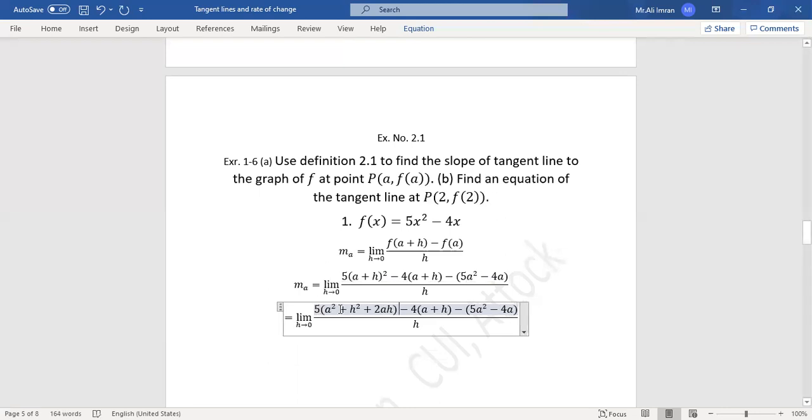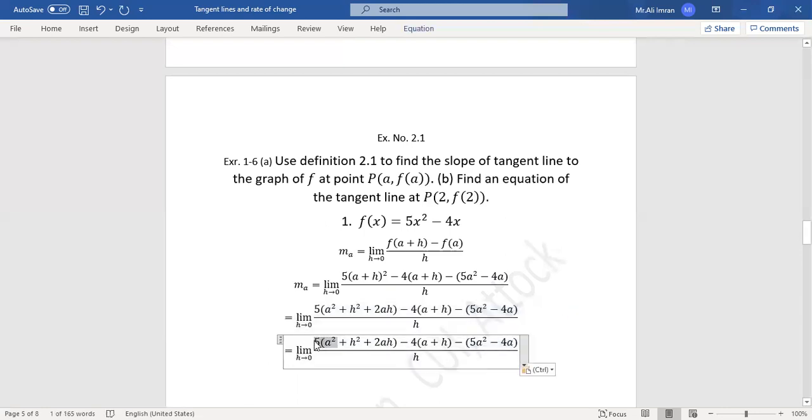We multiply this with 5: 5a square, 5h square plus 10ah, and multiply by 4: minus 4a minus 4h.